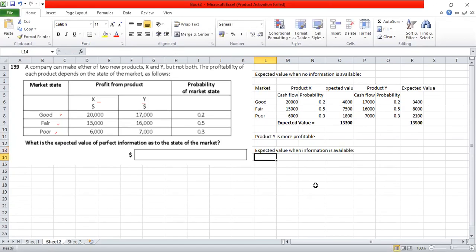In such a state, what is the information we are looking at? The information would be that when the market state is good, then they will decide on which one to sell. When the market state is good, they will go with selling only product X. Do you see that? Because X gives a cash flow of 20,000.